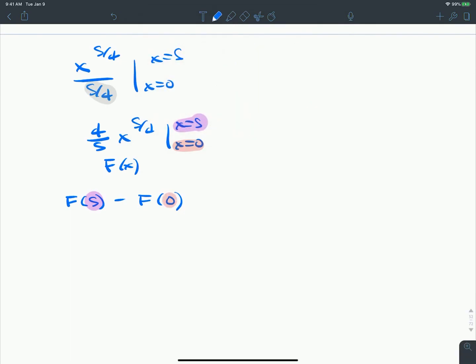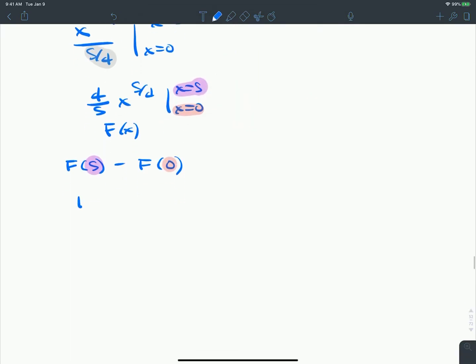Here's our 0. So we have 4/5 times 5 to the 5/4 minus 4/5 times 0 to the 5/4. And again, it's nice that we have the 0 because 0 to the 5/4 power is 0 and 4/5 times 0 is 0, meaning this portion's gone. It's just 0.